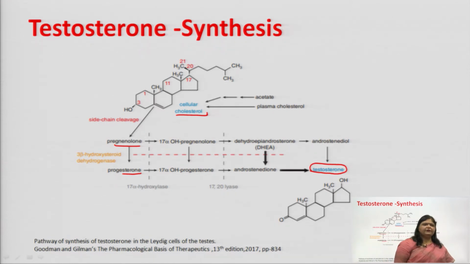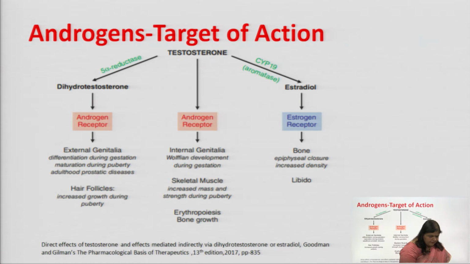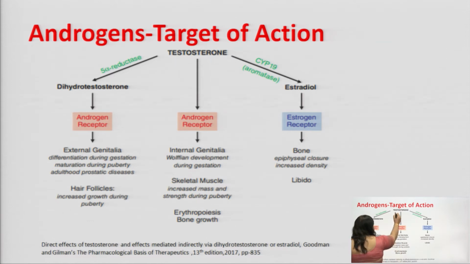Testosterone is again further converted into estradiol and other compounds, as we will see now. If we look at the targets of action, testosterone, by the enzyme 5-alpha reductase, is converted into dihydrotestosterone, which is responsible for the major actions of testosterone.